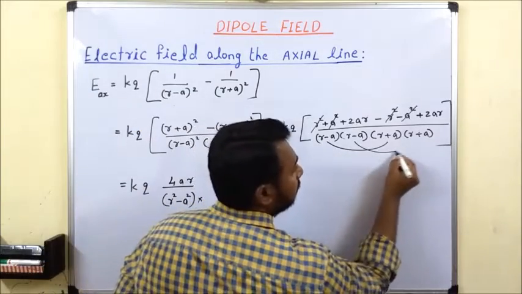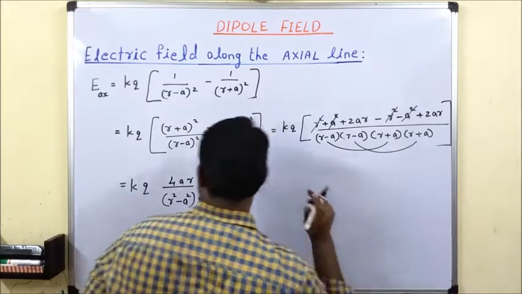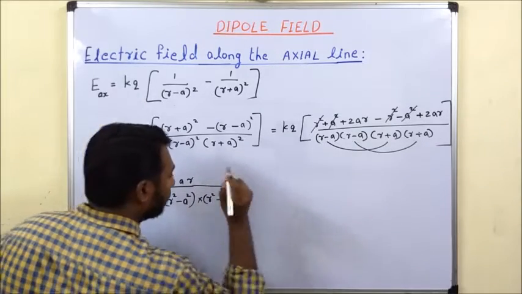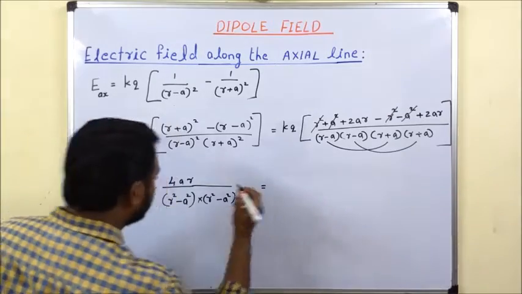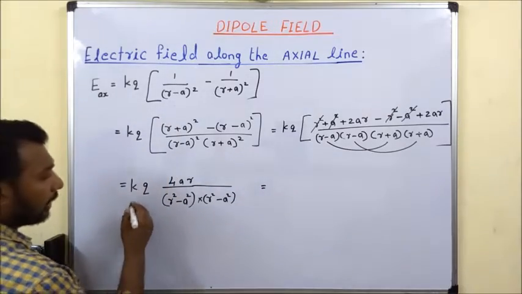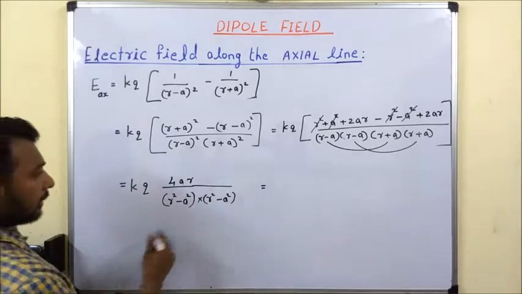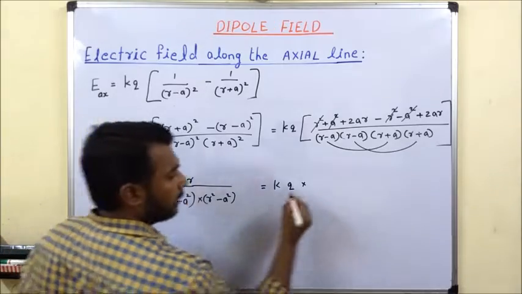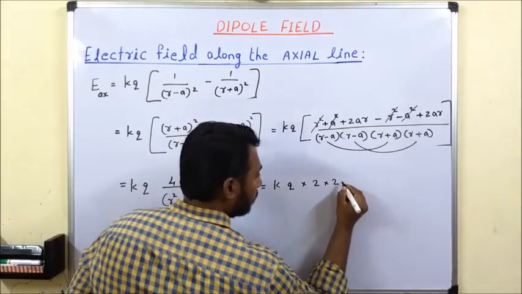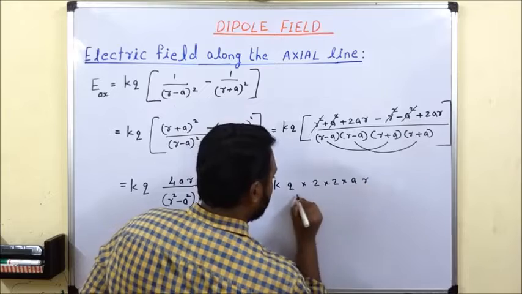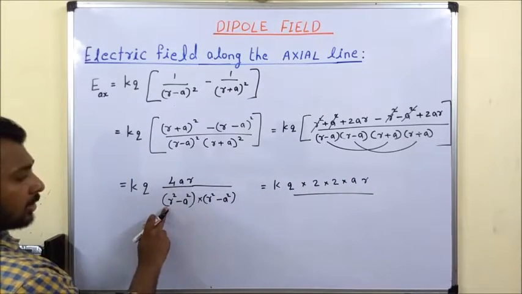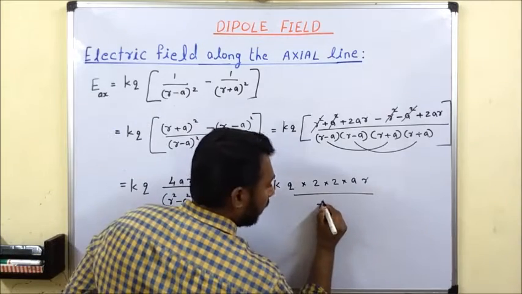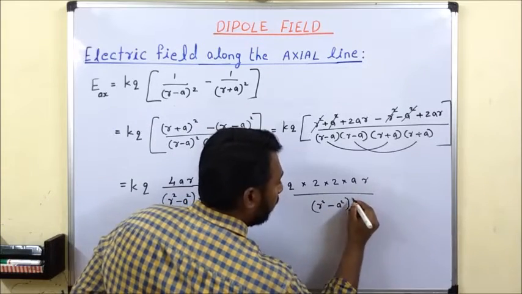Again, R minus A into R plus A, again that is R square minus A square. Now I'm going to rearrange this formula. KQ into 4AR, so I'm writing it as 2 into AR divided by R square minus A square into R square minus A square, that is R square minus A square whole square.